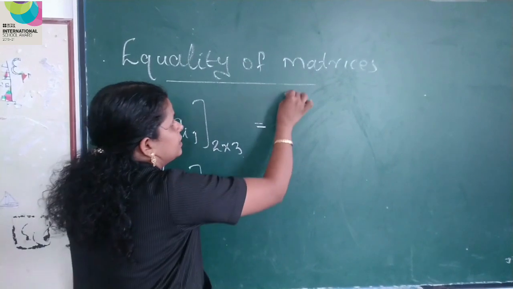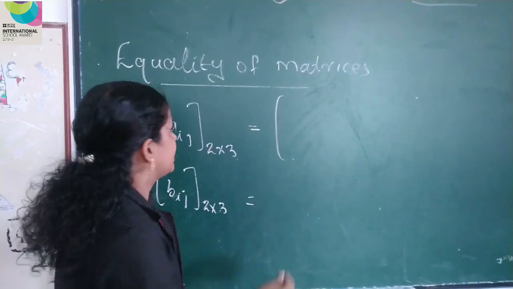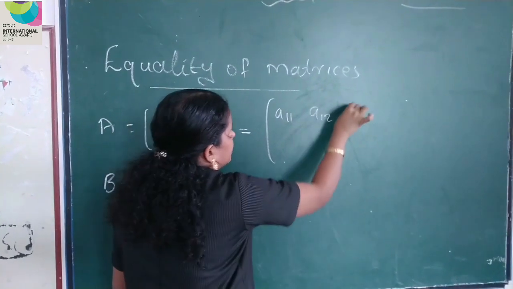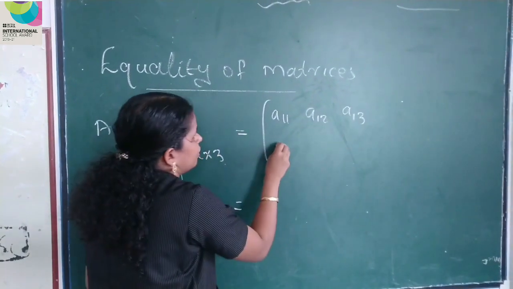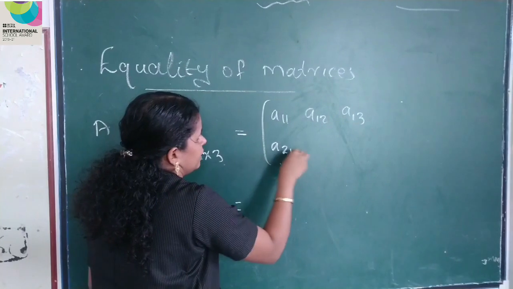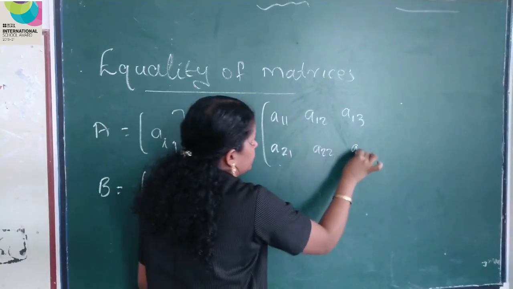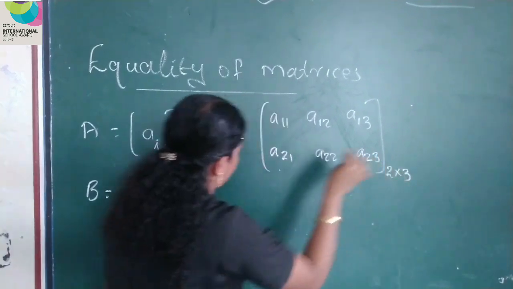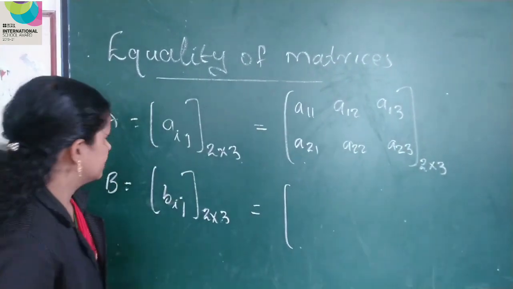We can write the general term of matrix A: A11, A12, A13, second row A21, A22, A23, order 2 by 3. Same way, we write B matrix.